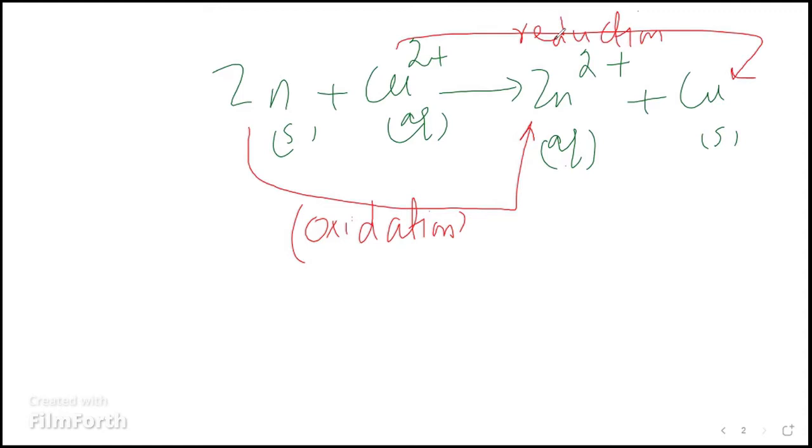Now in this reaction, zinc is losing electrons, so it is being oxidized. Where is zinc getting electrons from? It gets electrons from copper. So copper ions are taking electrons from zinc and acting as an oxidizing agent.